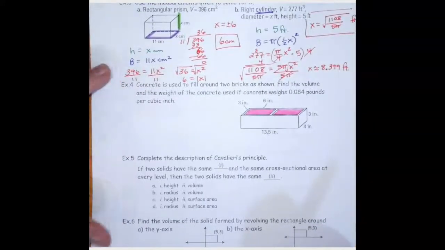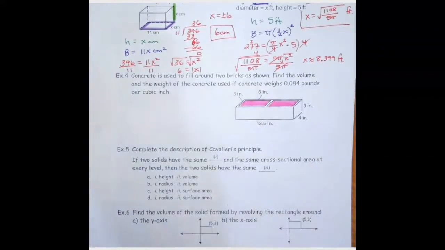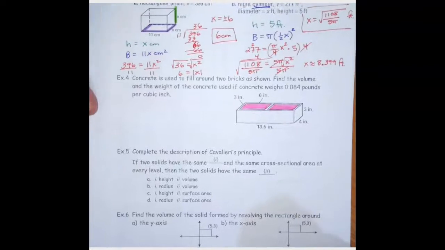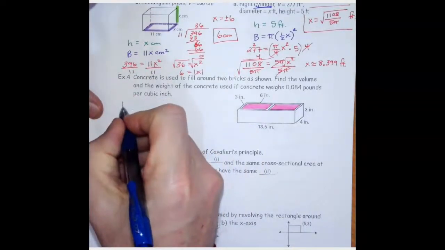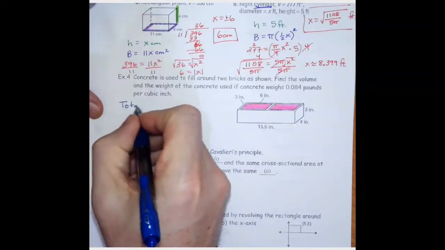So the white is the concrete, and the pink is the brick that the concrete is around. Okay, find the volume and the weight of the concrete used if the concrete weighs 0.084 pounds per cubic inch. Okay, so let's do the total first.